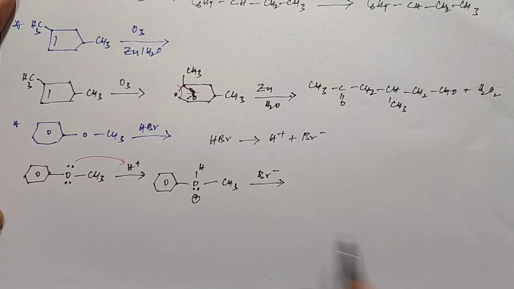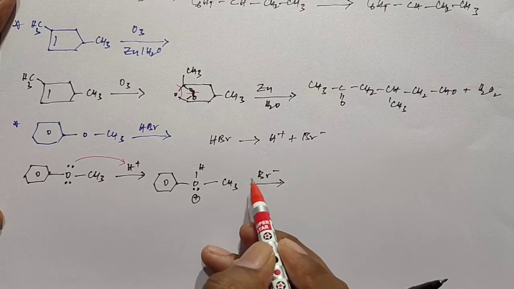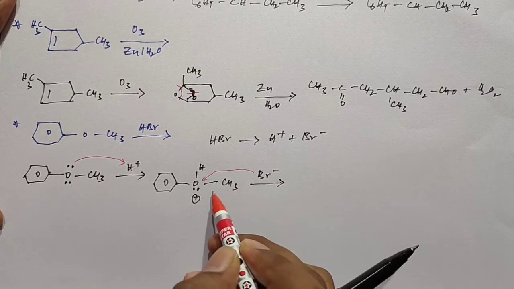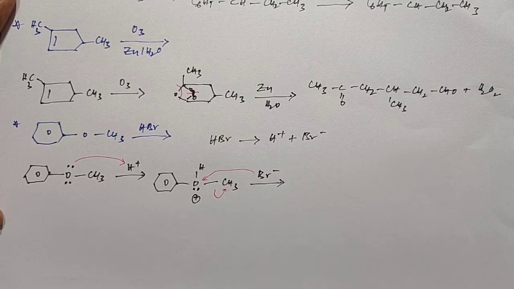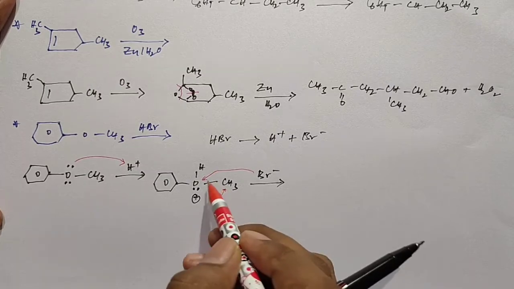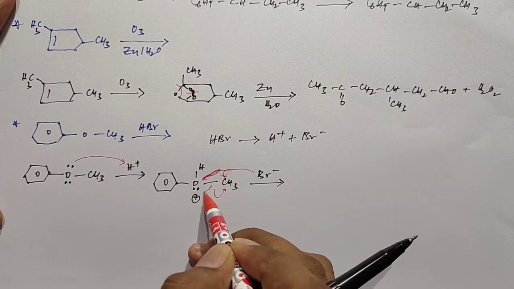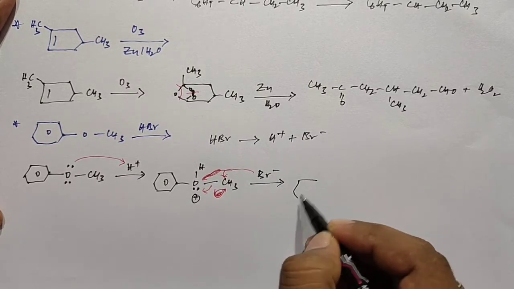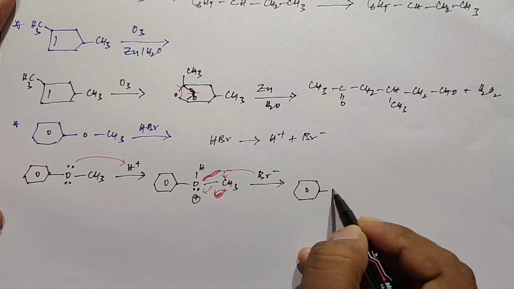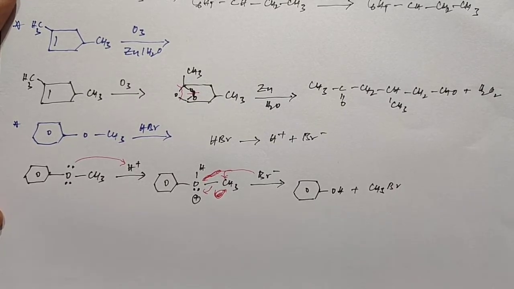So the bromide ion attaches to this carbon, and these sigma electrons shift towards the oxygen. We get the products phenol and methyl bromide.